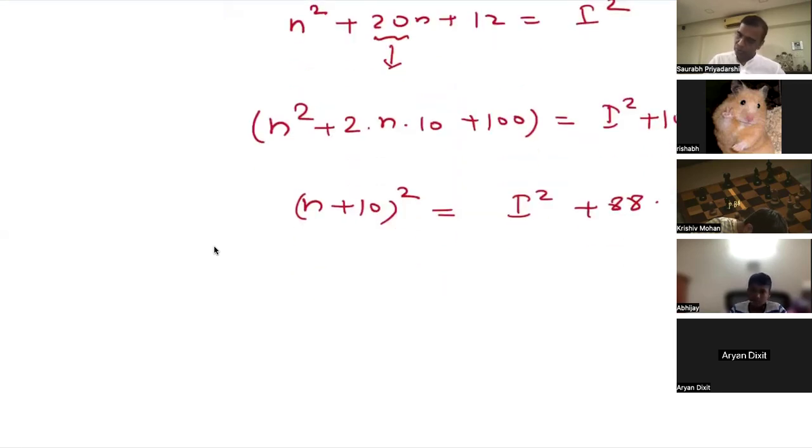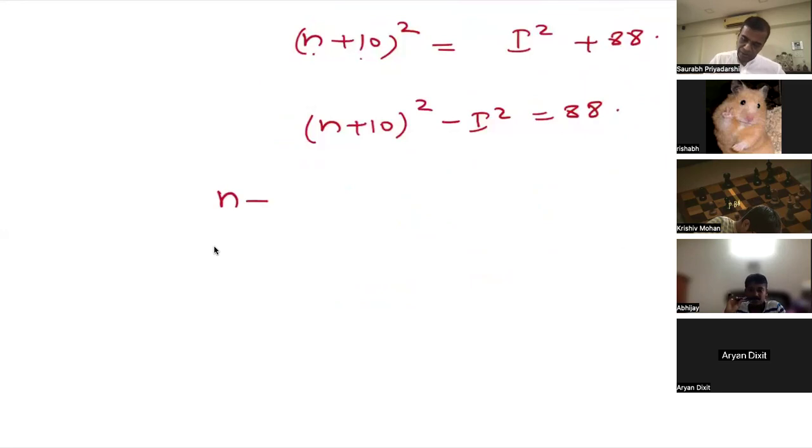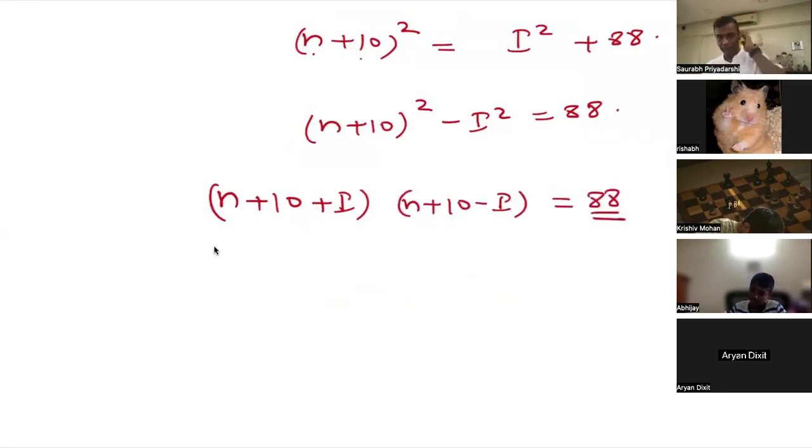So n plus 10 the whole square minus I square is 88. Since n is an integer, I is always an integer. So n plus 10 plus I times n plus 10 minus I is equal to 88.